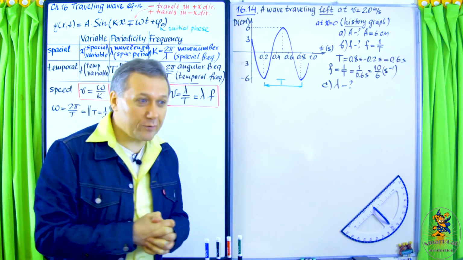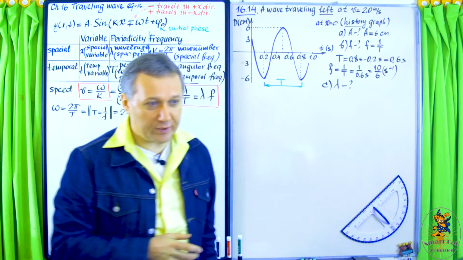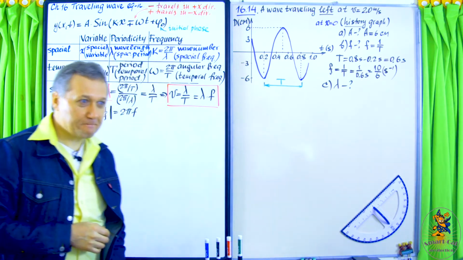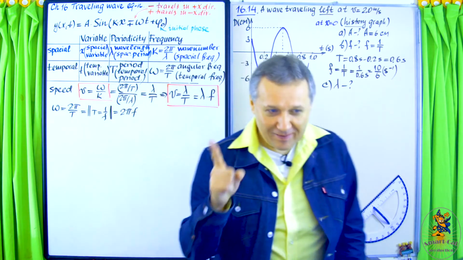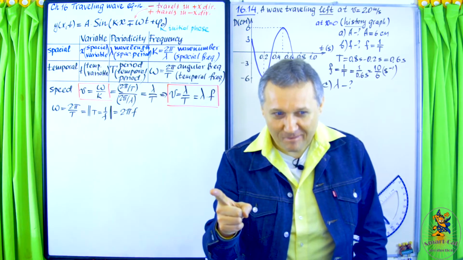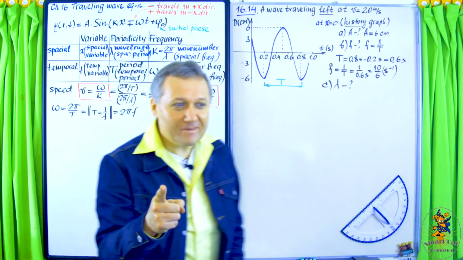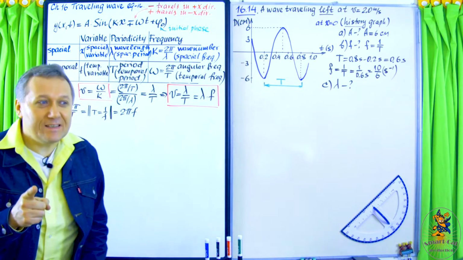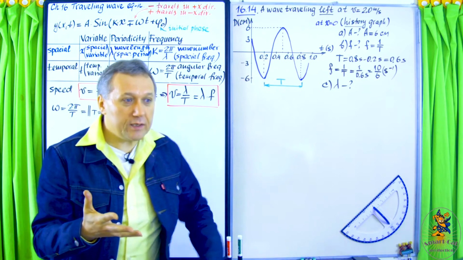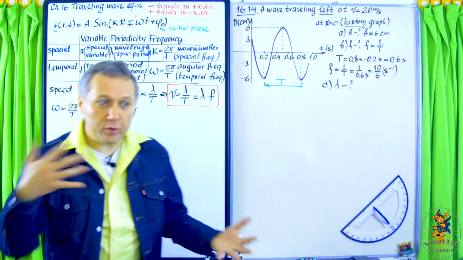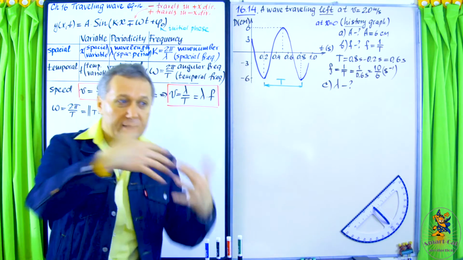So how can we find spatial quantities? It looks like it's almost a dead end. You can use this. You can use the speed to find the wavelength. Yes, exactly. Speed, as I told you, is neither a temporal nor a spatial quantity. It works as a bridge.